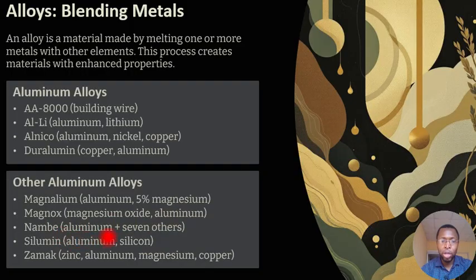The NAB is a combination of aluminum and 7 other metals. We have the salumi. The salumi is an alloy of aluminum and silicon. And we have the zamak. Zamak is made up of zinc, aluminum, magnesium, and copper. So these are some examples of alloys of metals.